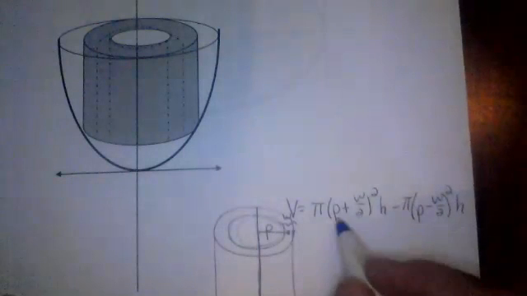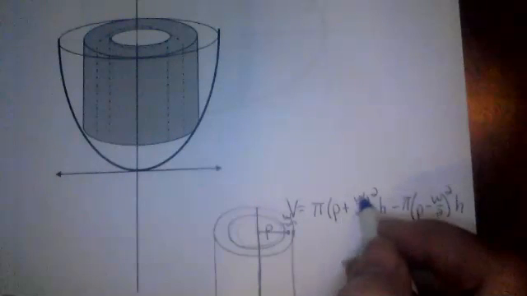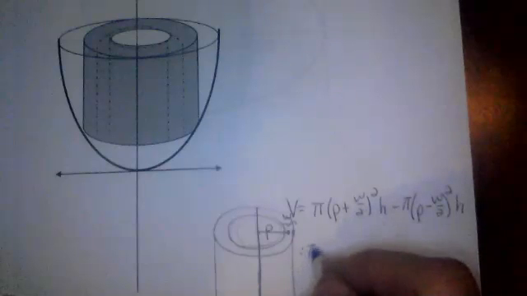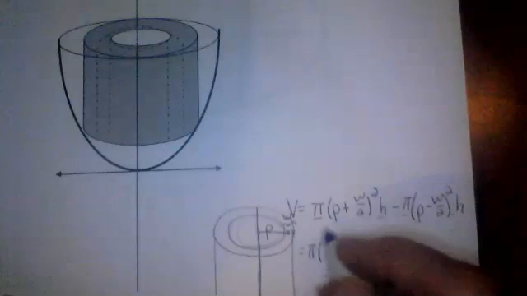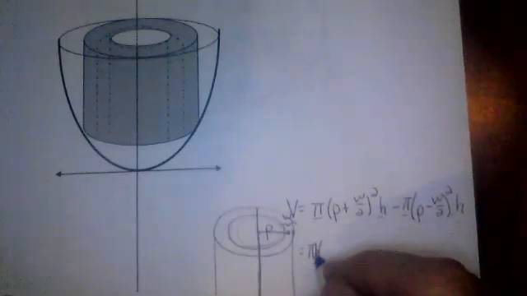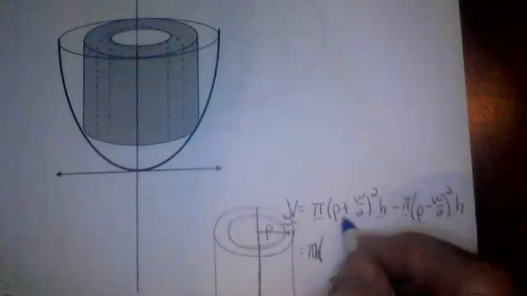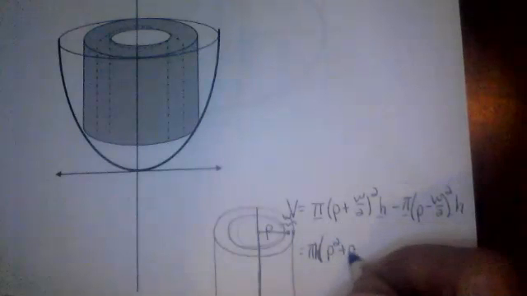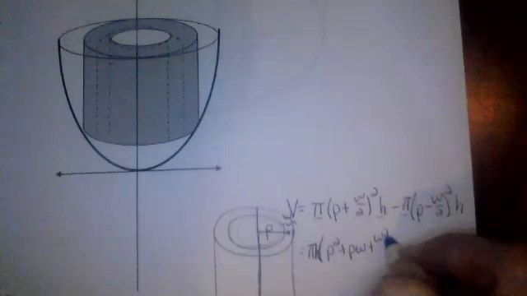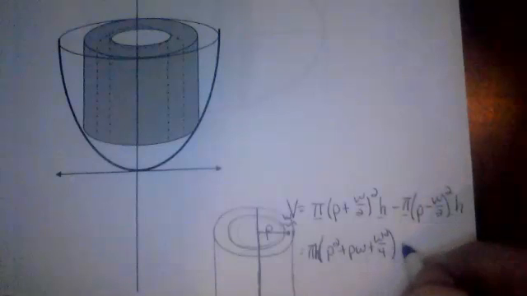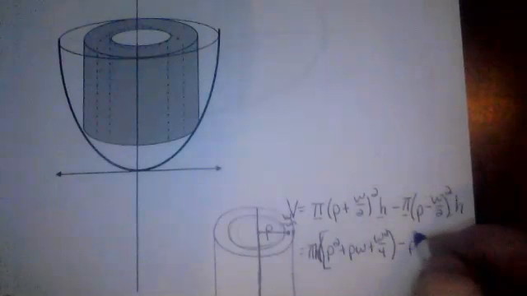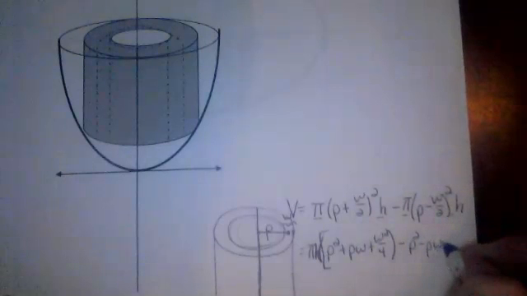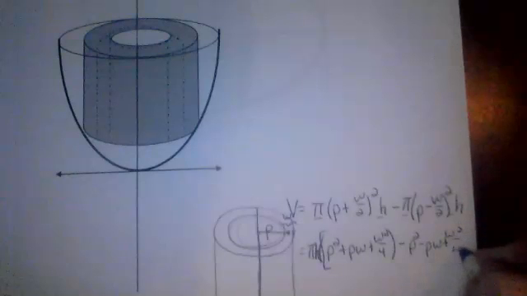Well, you can multiply it out if you want, but I'm going to take the pi and the h and factor that out to the front, so pi h times, and when I multiply this out, I would get p squared plus pw plus w squared over 4, minus, and then if I square this one, p squared minus pw plus w squared over 4.